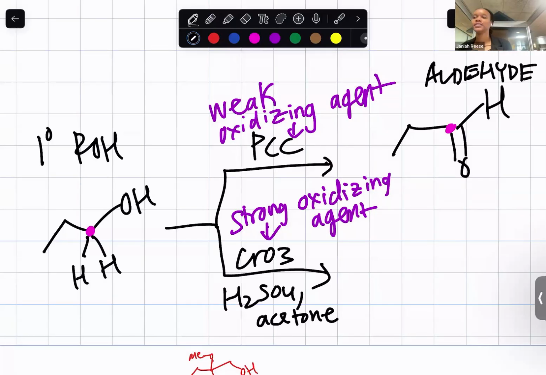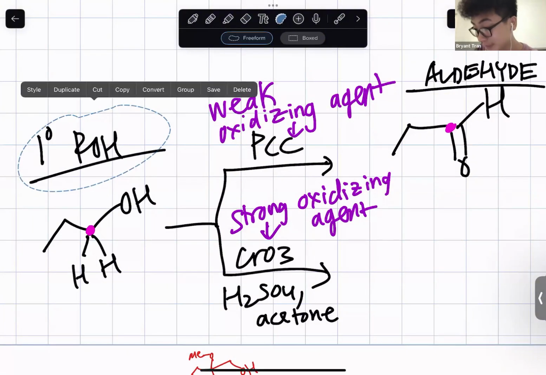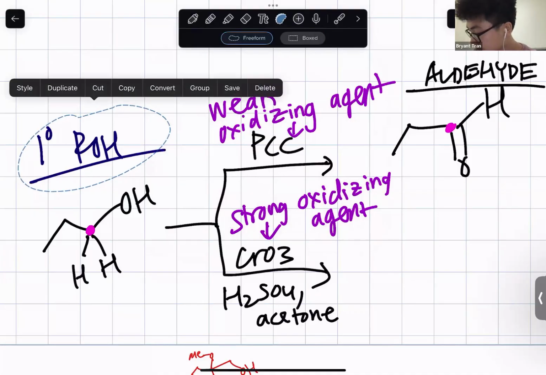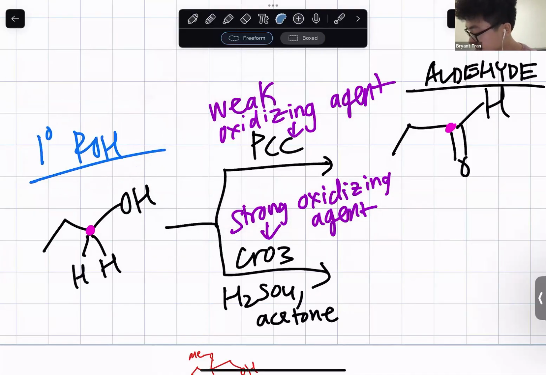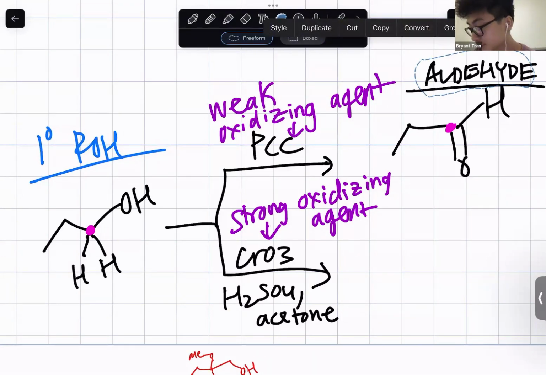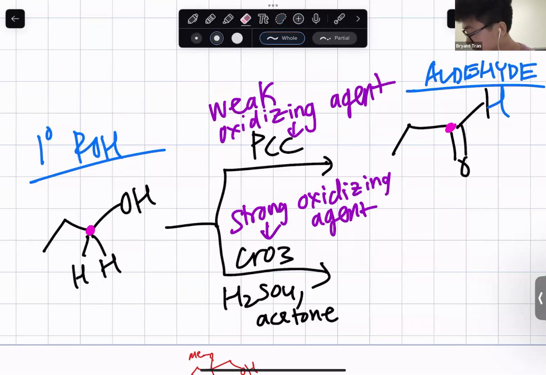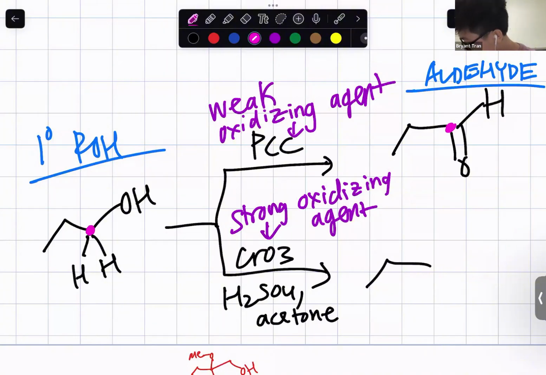I do remember alcohol to aldehyde, right? With PCC, the weak oxidizing agent. But if you were to use a strong oxidizing agent, like the one with chromium, Cr, you're going to fully oxidize that down into something else. Let's say this is the pink carbon.